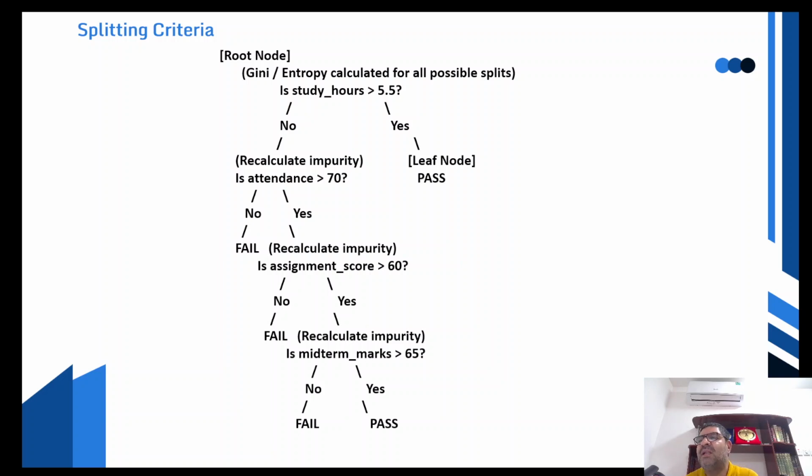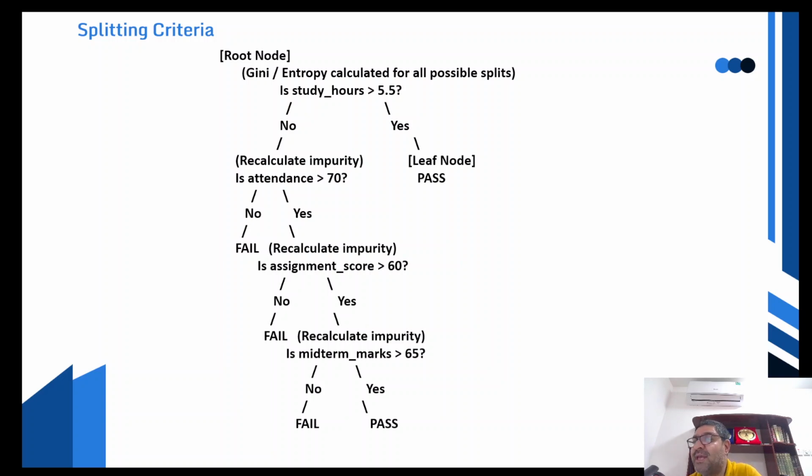Now how the segregation will be happening, that will be decided either by Gini impurity or based on entropy, one of the two. Because in a decision tree, we can give a variation or mechanism: it will go through Gini impurity, or it can be entropy.